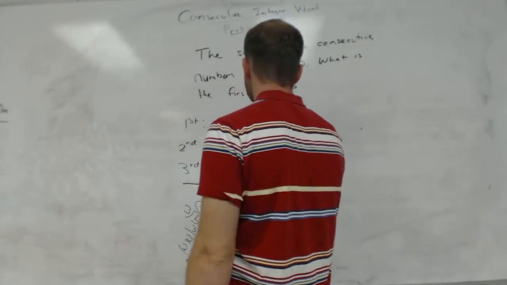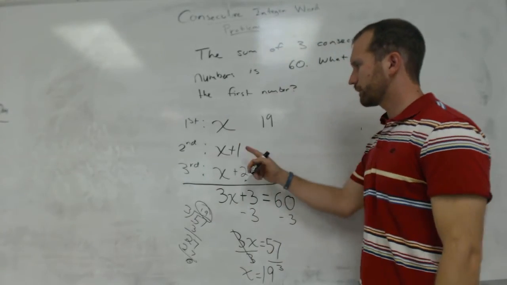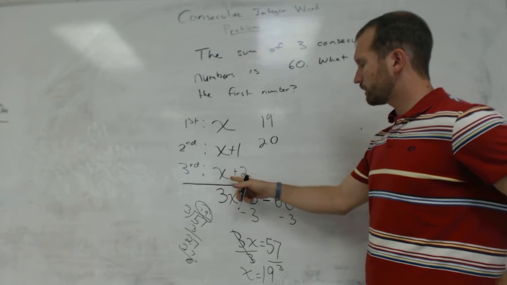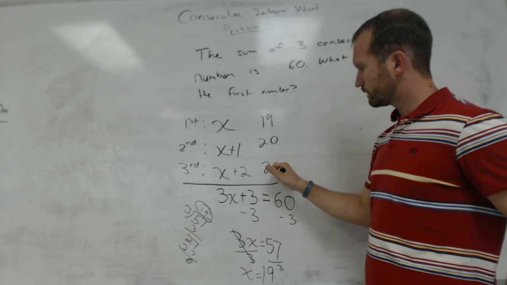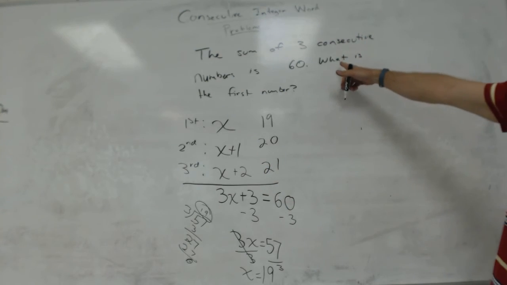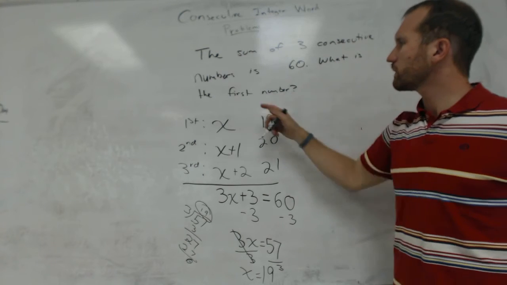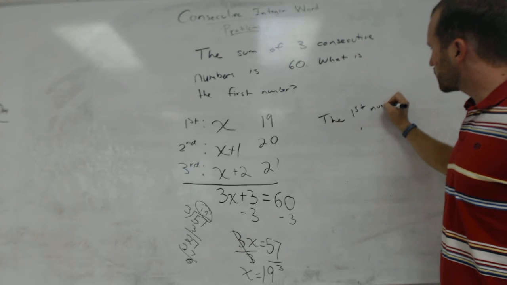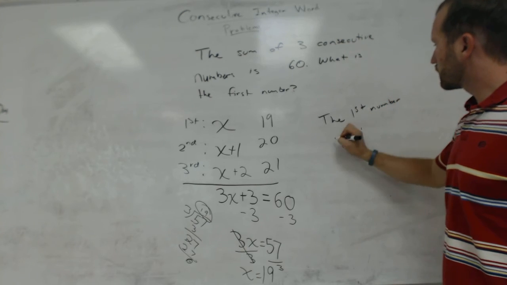The first number is 19. What's the second number? 19 plus 1, 20. What's the third number? 21. What did they ask me? What is the first number? 19.